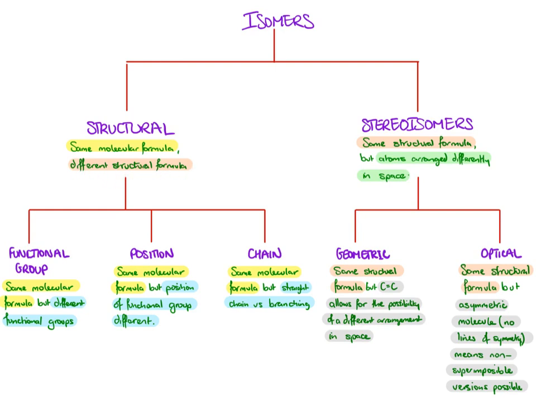And we can break down the types of structural isomers into three. We looked at functional group isomerism, and that's where, again, they always have the same molecular formula, but this time they had different functional groups. So they tended to come in pairs.